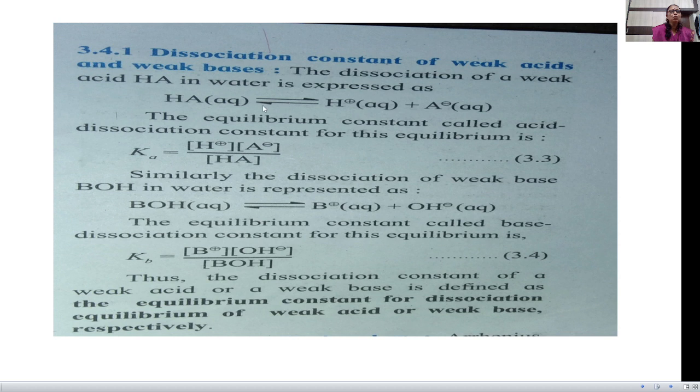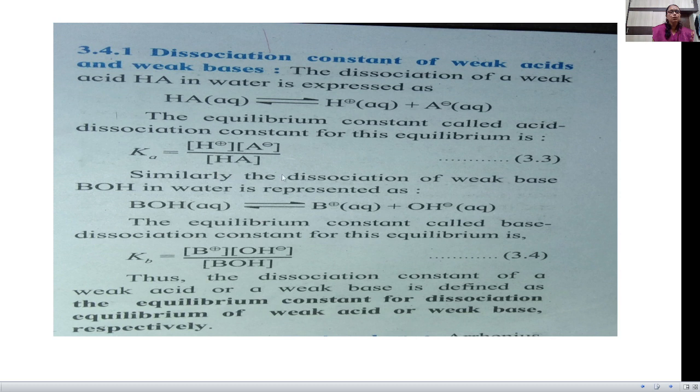When we apply the law of mass action to this equation, the equilibrium constant K is equal to the molar concentration of H+ ions into the molar concentration of A- ions divided by the molar concentration of HA. As this is a dissociation of acid, the equilibrium constant K is represented as Ka. Here the symbol A is for acid. Ka is the dissociation constant of weak acid.